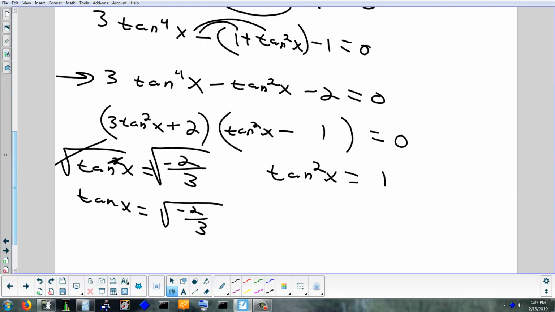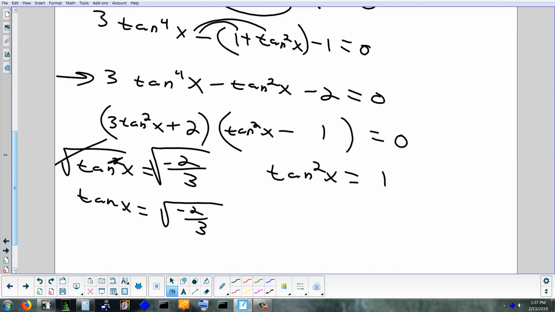That's normally what I would do. But look at that. What's on the board doesn't like you. It's upset. Yeah, it's an imaginary number.